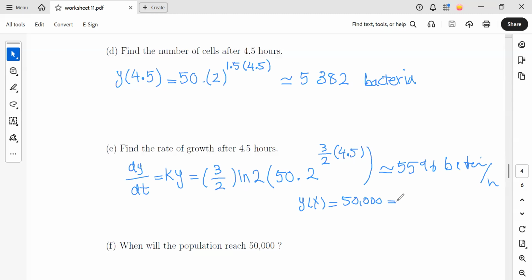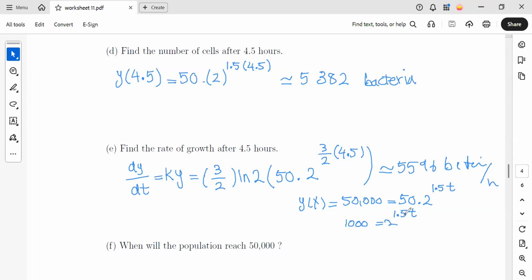And using the formula, we would have 50 times 2 to the power 1.5 t, as we found in part C. So we would divide both sides by 50 to isolate the part that has the unknown. So it will be 1000 equals 2 to the power 1.5 t.